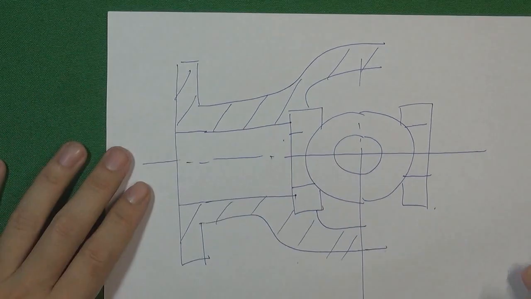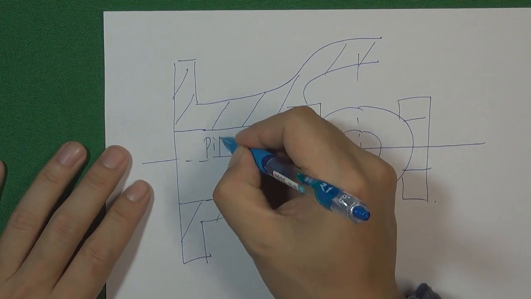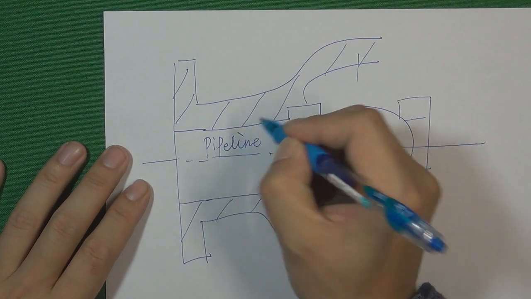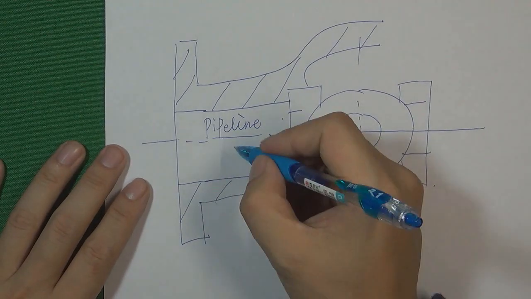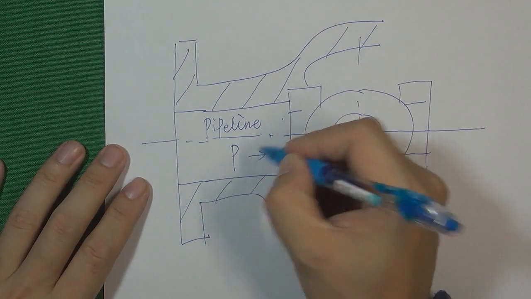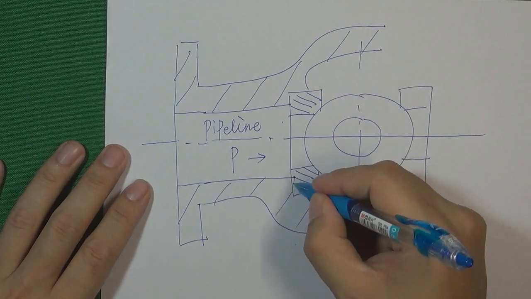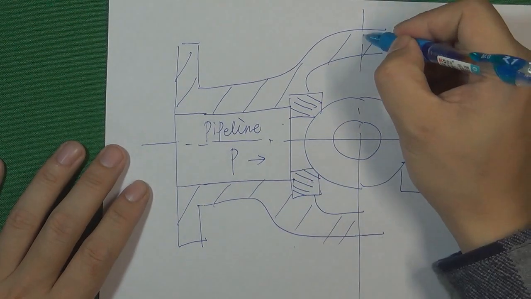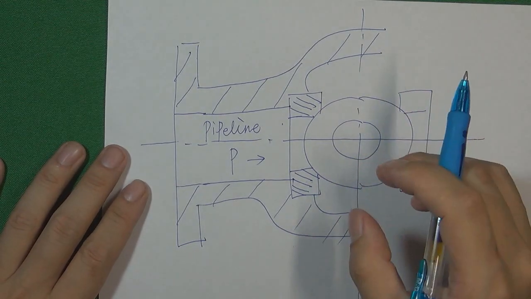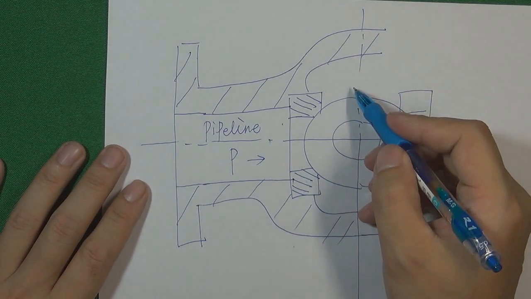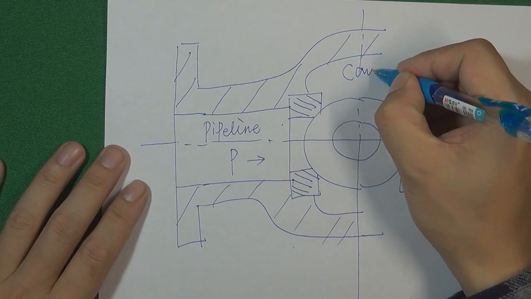So this side is the upstream side. The upstream will have pressure to push the ball. And when we close and open the ball, the fluid will flow inside the cavity.